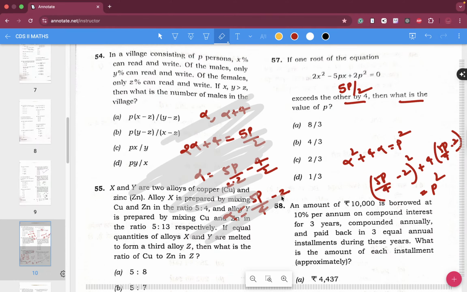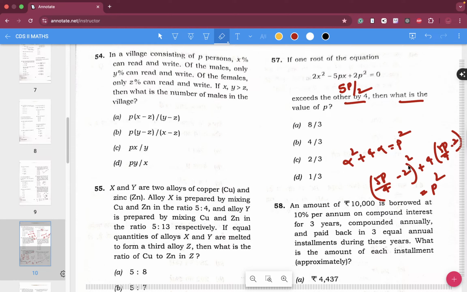Solve for 5p by 4 minus 2 whole square, which is 25p square by 16 plus 2 square is 4, minus 2 into 5p by 4 into 2.